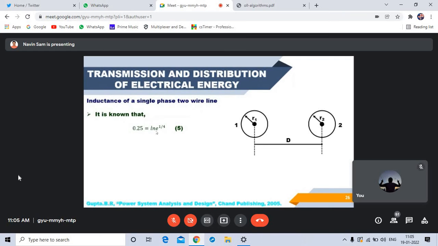So ln e is 1. That's it. So I am writing it as ln e power 1 divided by 4. This equation number 5, I am going to substitute in equation number 4. So instead of 0.25, you can have a look at this: what I have written is ln e power of 1 divided by 4.